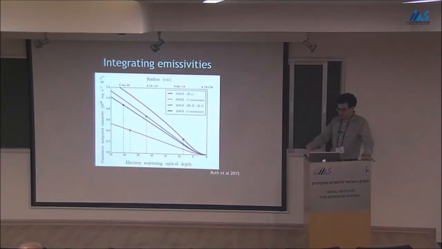And so this is a plot where we try to show how this works at a glance. I've been thinking about ways to make this more clear, but I'll try to walk you through it here. So the y-axis is integrated emissivity. So we take j lambda, ergs per second per angstrom per solid angle, multiply it by 4 pi.